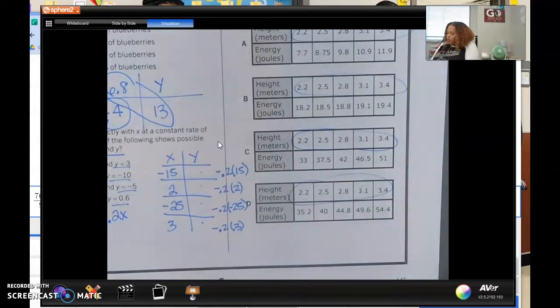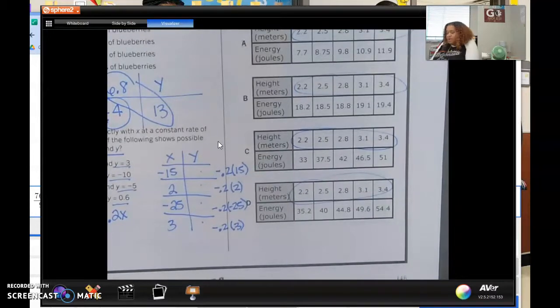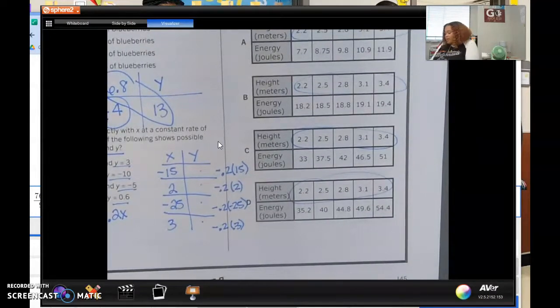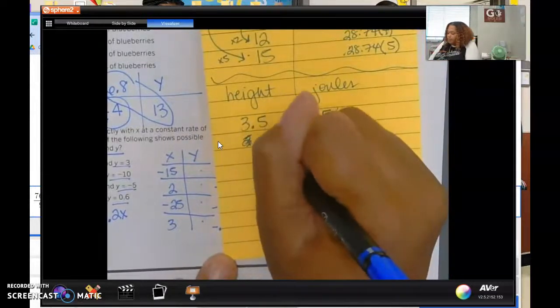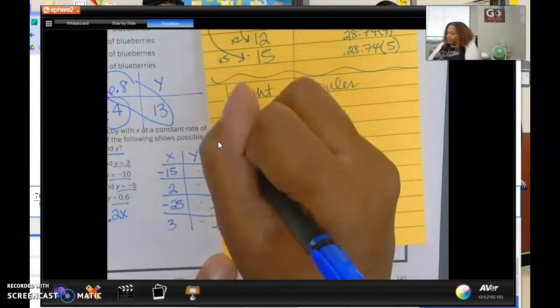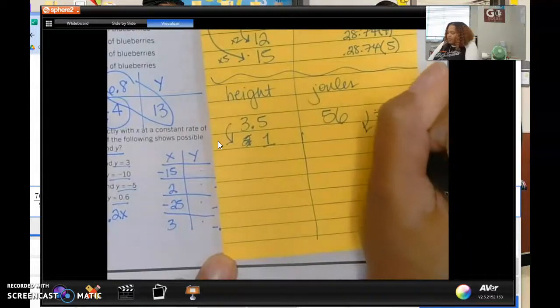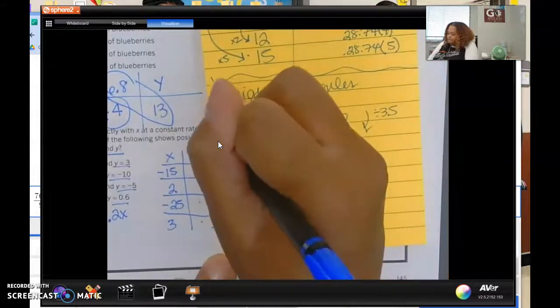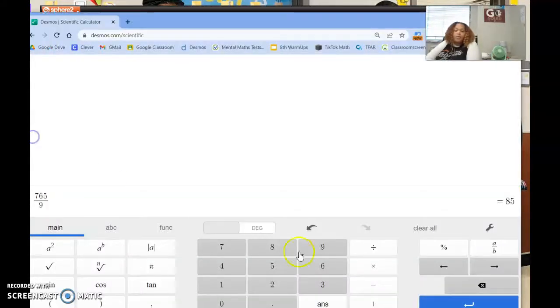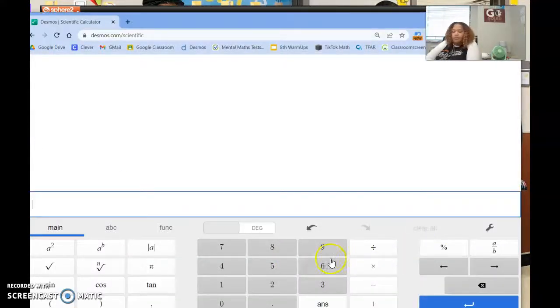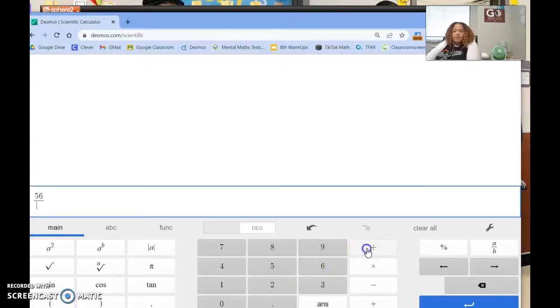Let's get a height of 1 meter, and then we'll get the number of joules. So for 1 meter, I would divide by 3.5. 56 divided by 3.5 is 16.